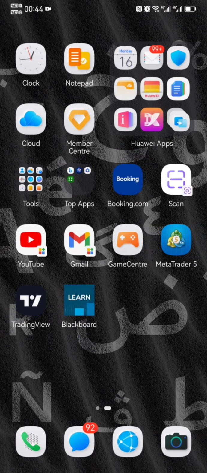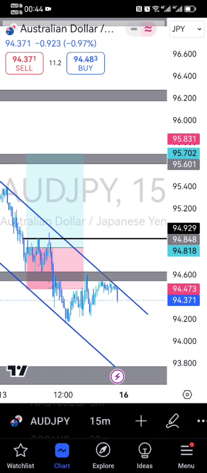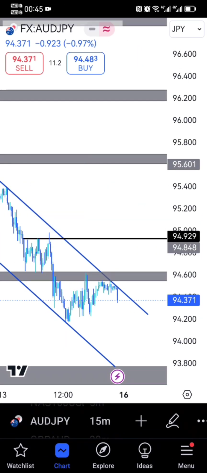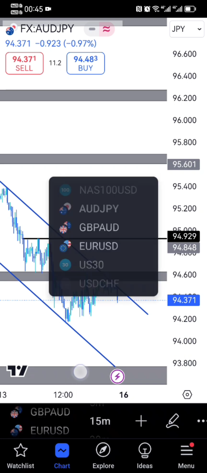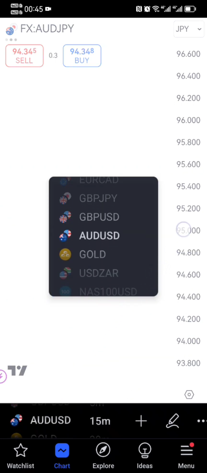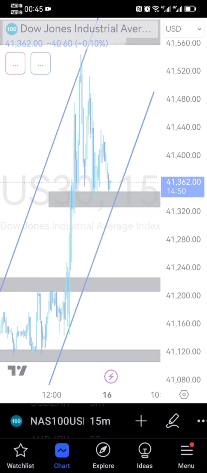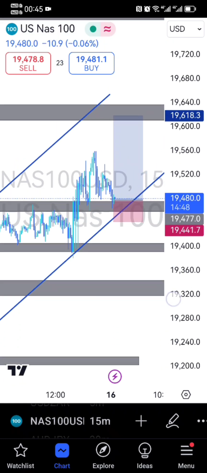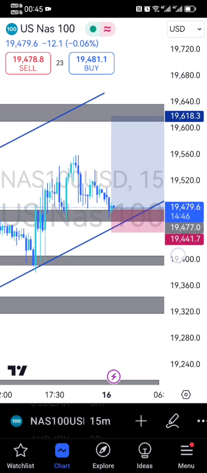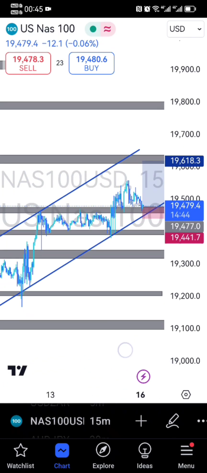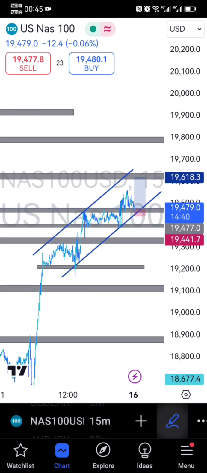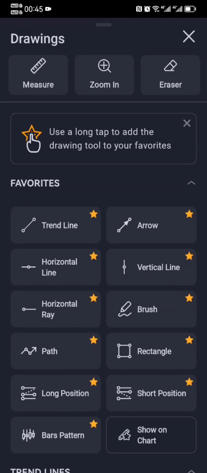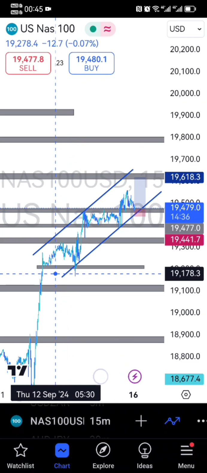So I'm just gonna go over to TradingView and show you guys why I took the trade. Let me head over to NAS 100. As you guys can see here, this is a very clear breakout retest. The market has been repeating itself.